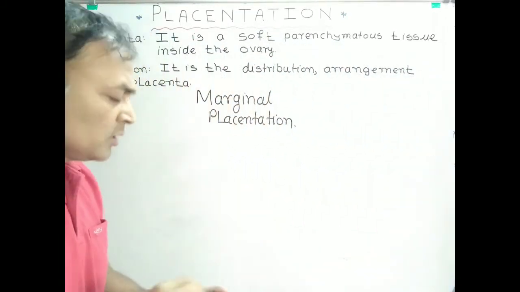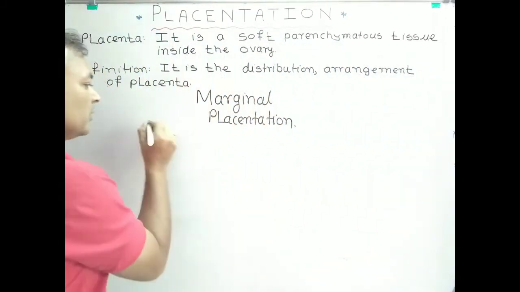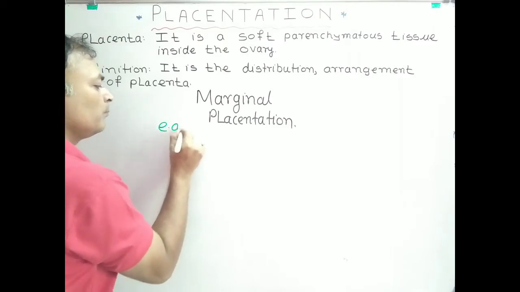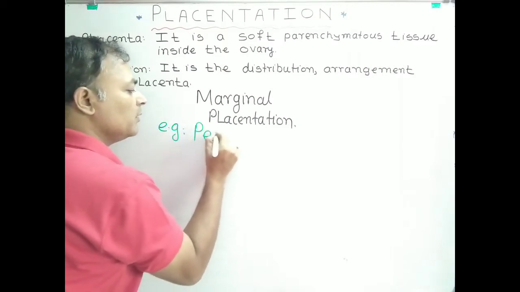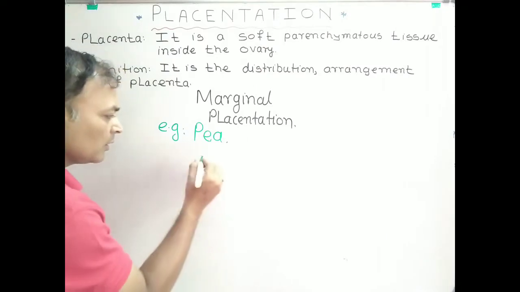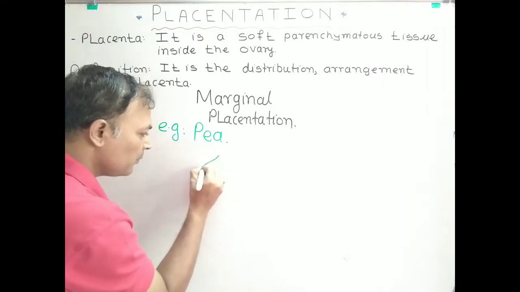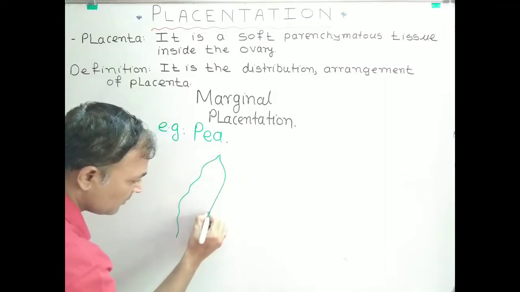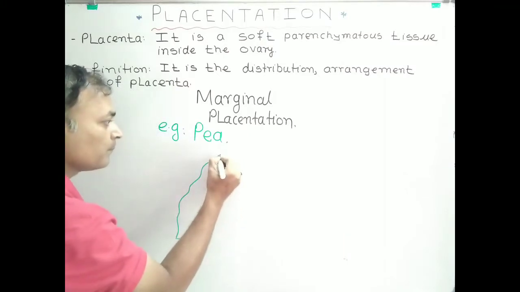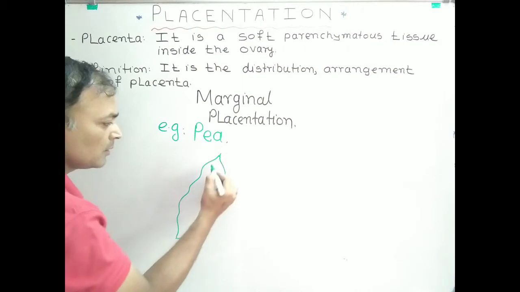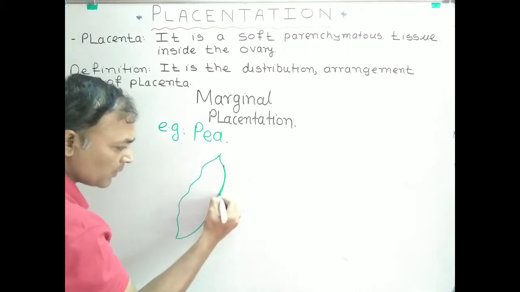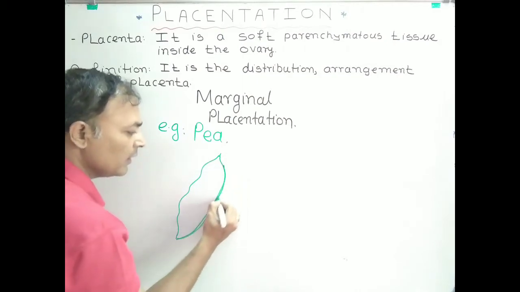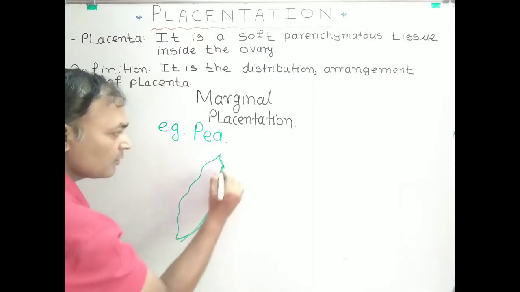We'll take an example here of a pea. The pea appears like this with a margin on one side. Now, this particular one side is called as a margin, right?